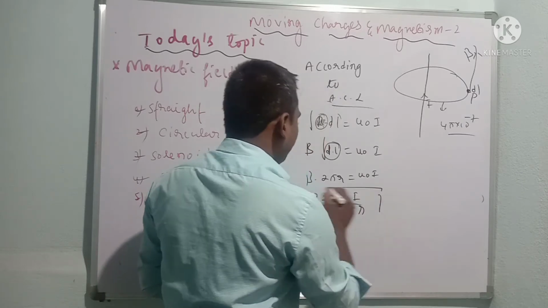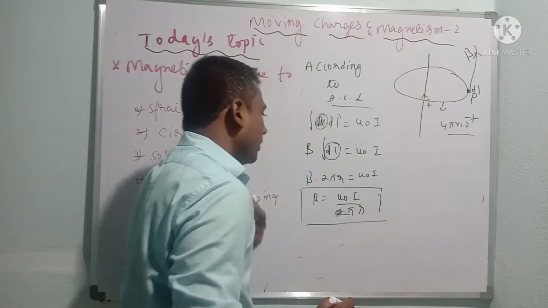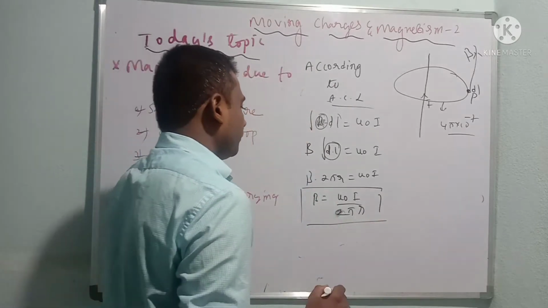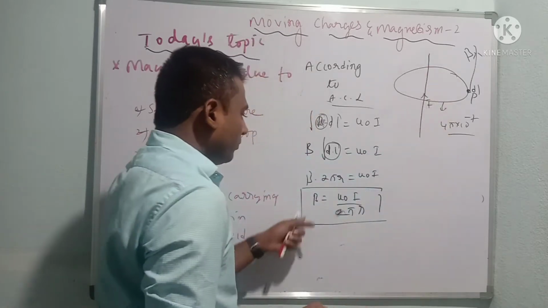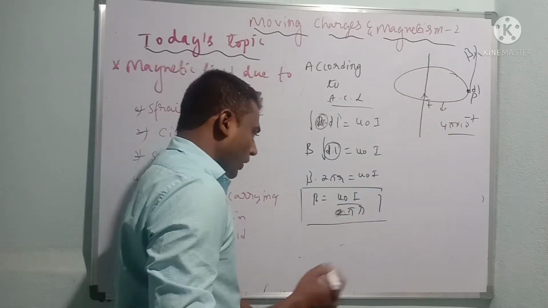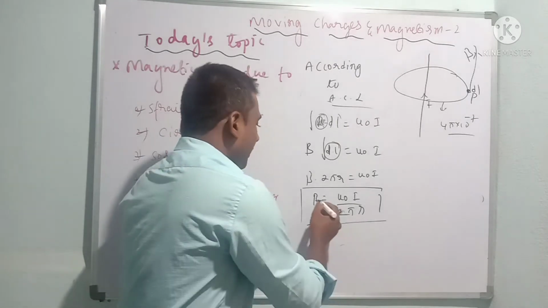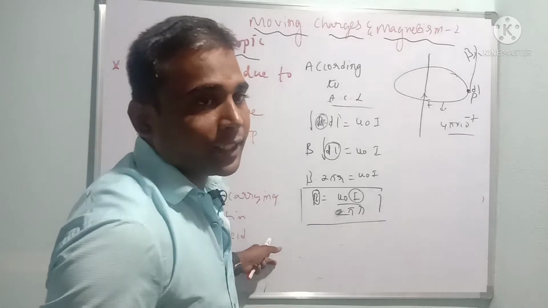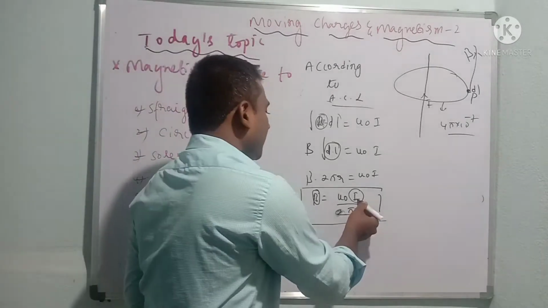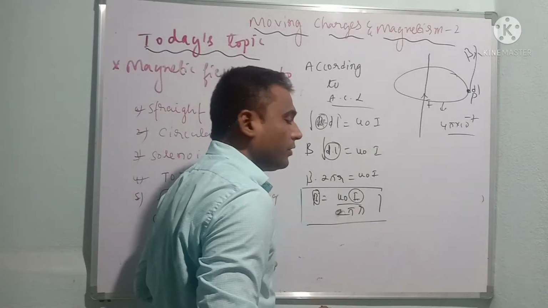This is the expression for the magnetic field due to a current carrying conductor, just a straight wire. By this equation, what can we analyse? The magnetic field is directly proportional to the current. If current increases, the magnetic field increases.